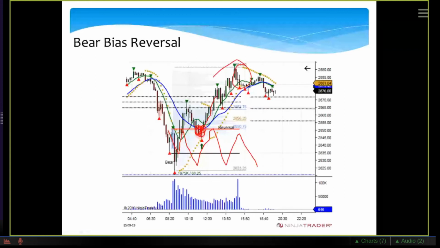So what I like to do, we'll take a look at some examples from last week. But if you have a gap down where most of the selling was done in the overnight, then instead of selling the open and chasing the gap down, you can look to be a contrarian. But first, you want to wait to see what the reaction is with the volatility windows.